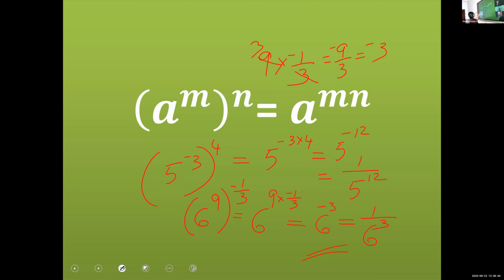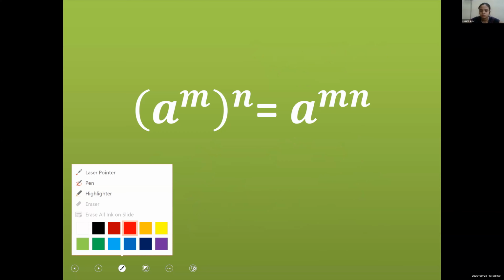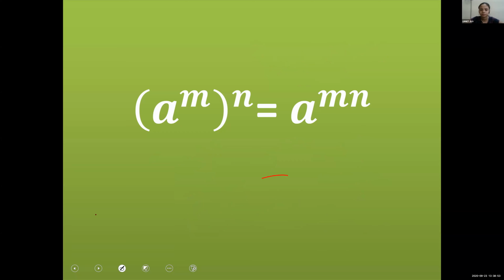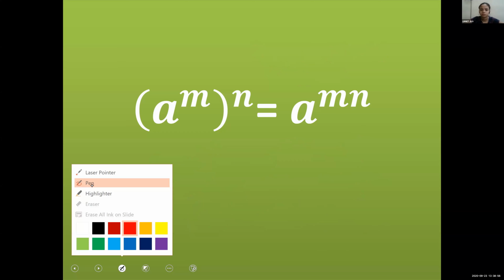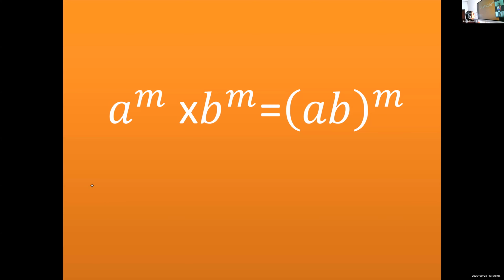Okay. Next is Suryadev. Read. a raised to m into b raised to m is equal to ab, the whole raised to m.